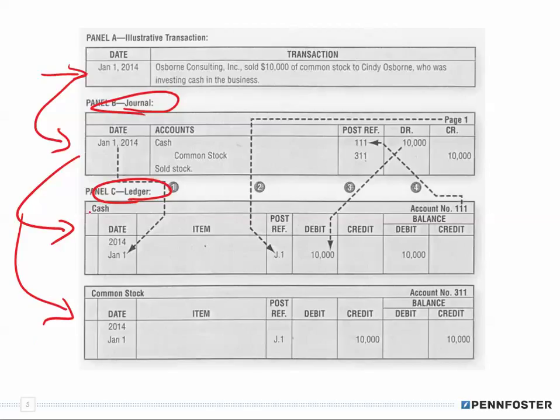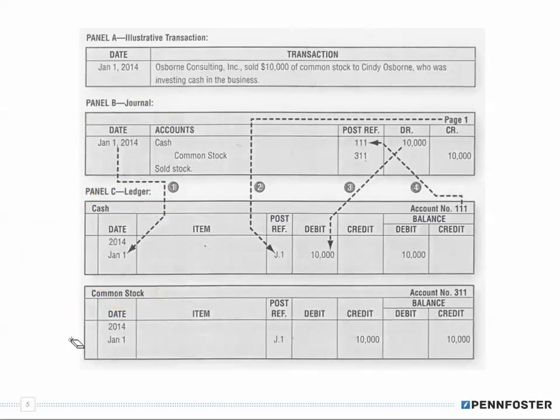In other words, all of our transactions that affect cash are in the ledger account for cash. In this case here, all of the transactions that affect common stock are in the common stock account. All right? So we take the transaction, put it in the journal, and we make the journal entry for it.